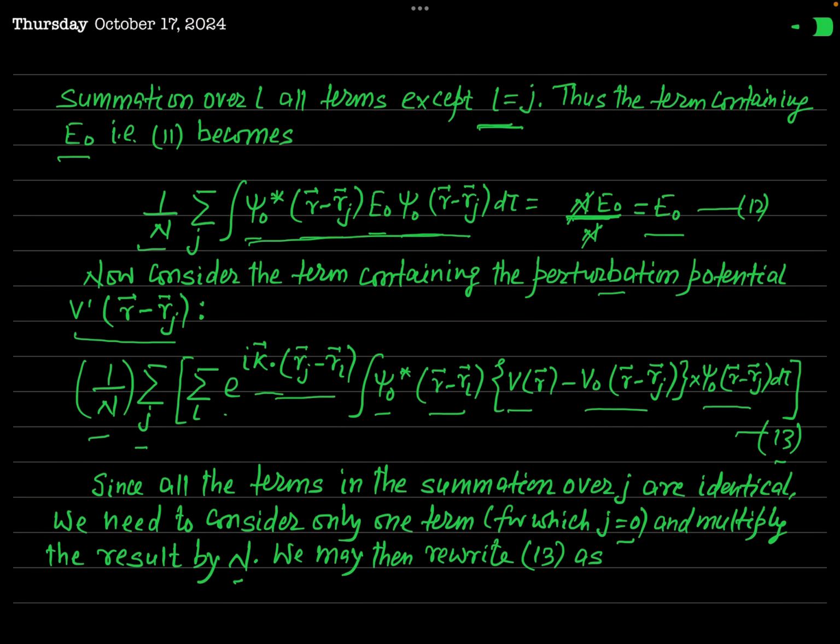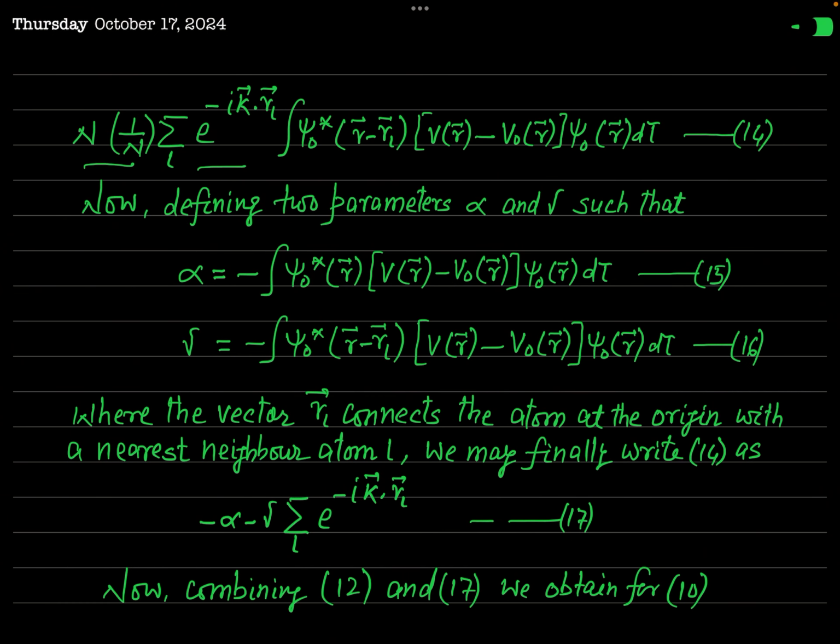I have told you that because of the similarity of all the terms in the summation over J, because of the periodicity of the lattice potential, we need to consider only one term, say for simplicity that for which J equals 0, and we multiply this result by n. After doing this algebra, you can write this equation 13 in this manner.